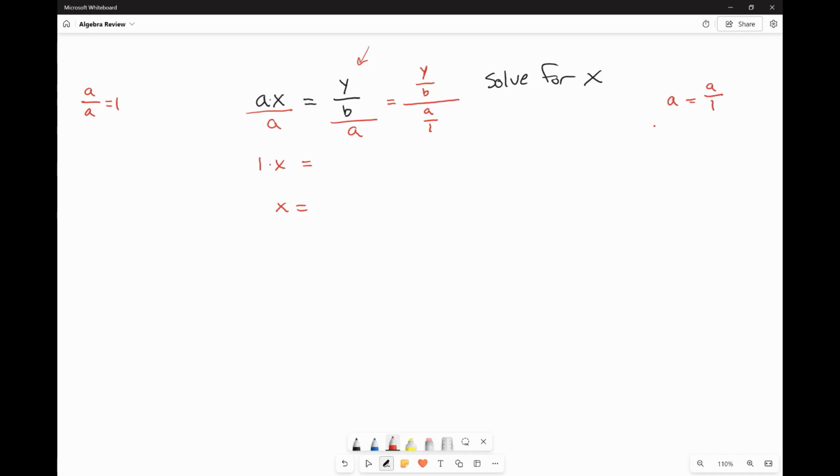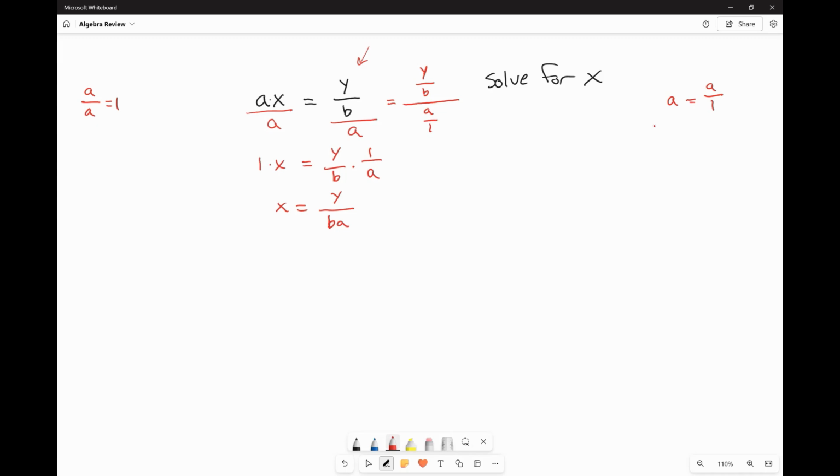Once we have a fraction divided by another fraction, remember that this is equal to y divided by b times the denominator flipped upside down. So that is equal to y divided by b times 1 over a. And there we go. We've solved for x.